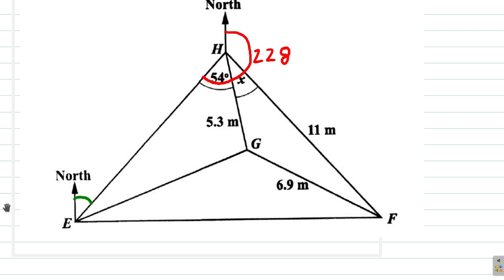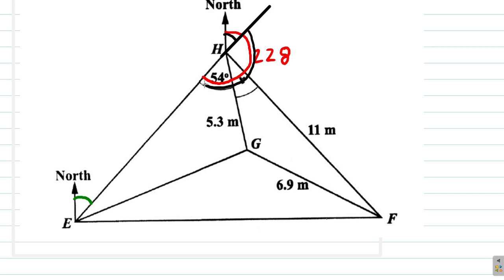Well, what I can see here is if we extend this, then this angle and this angle would be corresponding angles. Now, look at this.